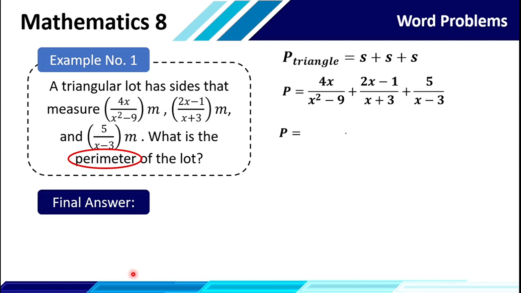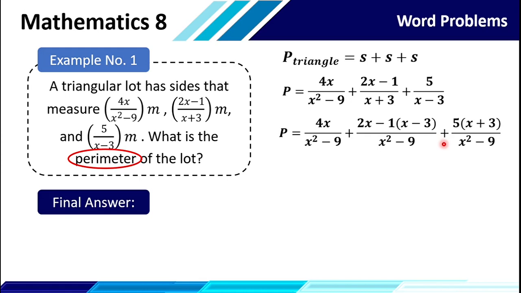x squared minus 9 divided by x squared minus 9 is equal to 1, times 4x, plus x squared minus 9 divided by x plus 3 is x minus 3, times 2x minus 1, plus, with our third fraction, x squared minus 9 divided by x minus 3 is x plus 3, times 5, which is 5 times x plus 3.